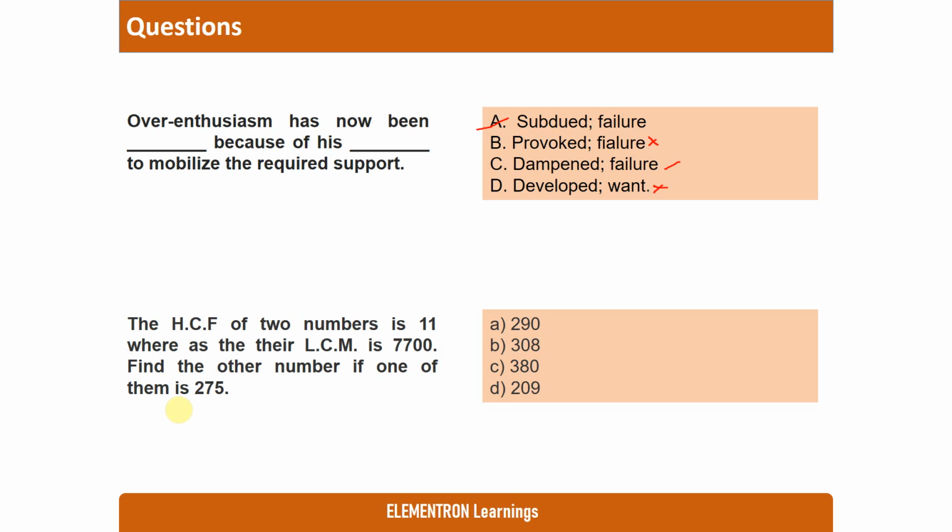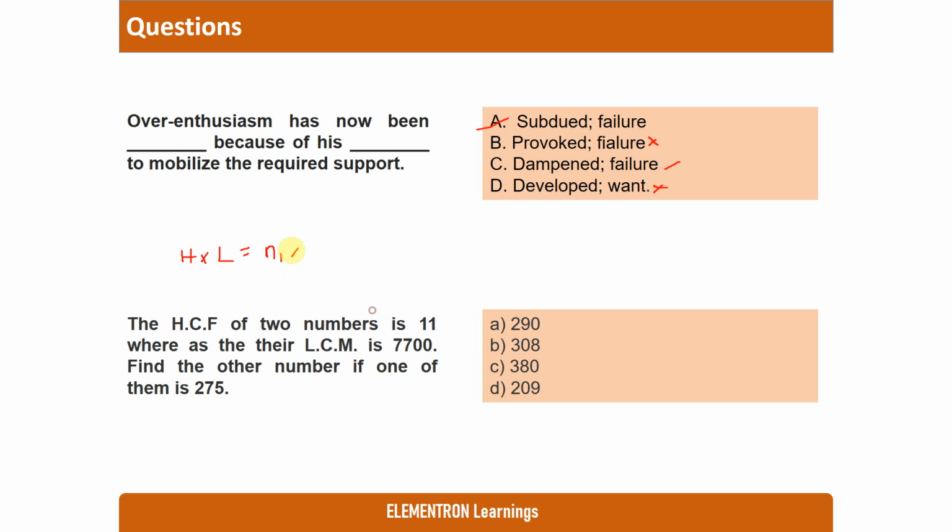Here is another question, and the most favorite for the drives. Most people ask questions based on HCF and LCM. The HCF of two numbers is 11 and their LCM is 7700. Find the other number if one of them is 275. We know that HCF into LCM equals the product of the two numbers.